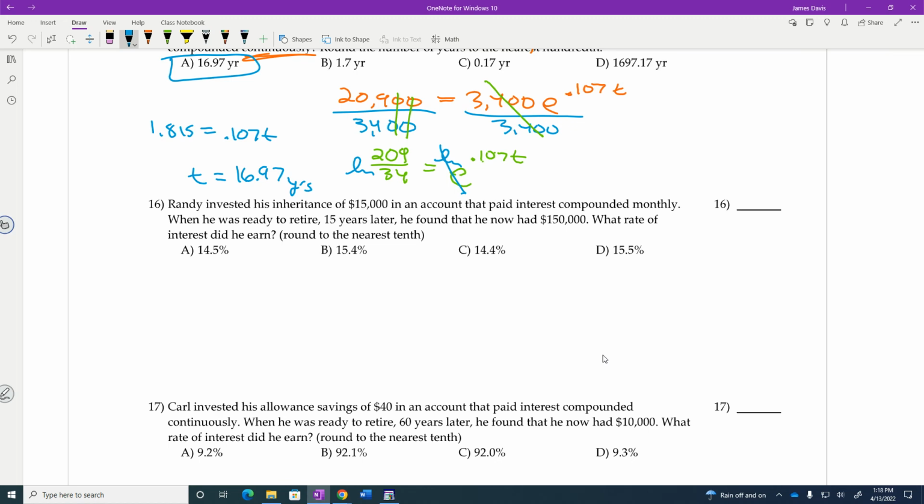Right. So same setup here. We've got our future value, we've got our present value, times the growth. 150,000 equals 15,000 times 1 plus r over 12, because it's monthly, to the 12 times 15.